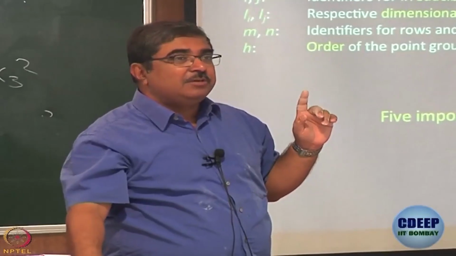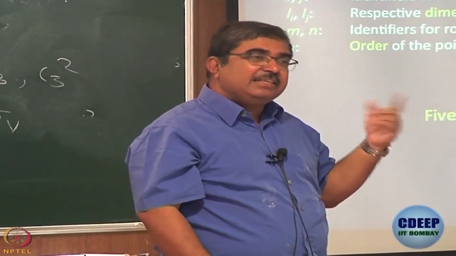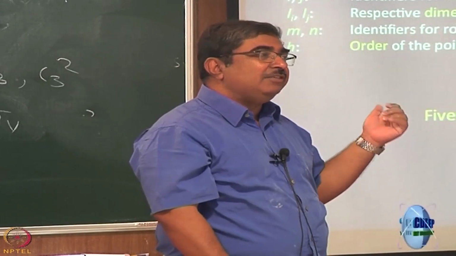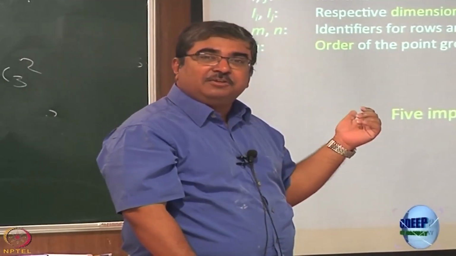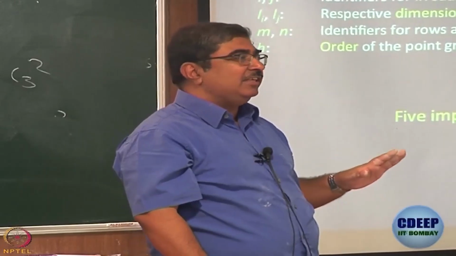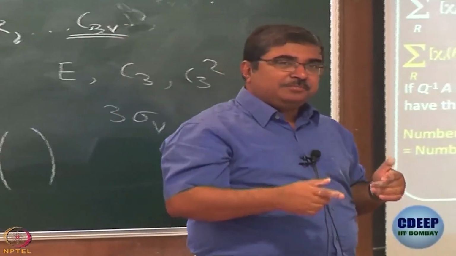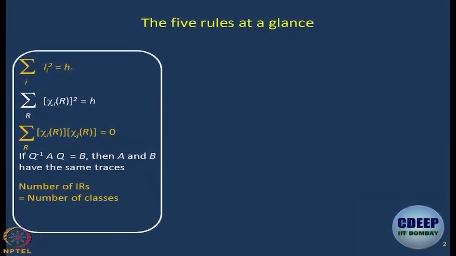Cotton's book does not give you the derivation of great orthogonality theorem as such, but it does give you derivation of these 5 working rules from great orthogonality theorem. They are pretty straightforward, you can go through them. We will not ask questions on that in this course. These are the 5 working rules. As we will see tomorrow, using these 5 working rules, we can work out the character tables of whichever point group we want. That is what we will do tomorrow.